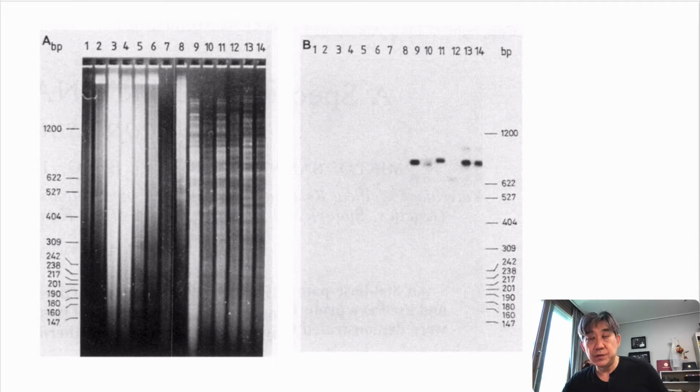We are going to try to understand how to detect the specific fragments of interest. Let's take the example of this gel, where you have so many different DNA fragments here. So these are all the DNA fragments present in a smear.